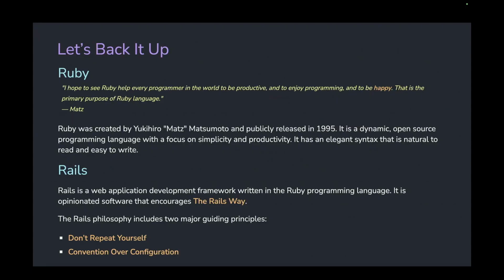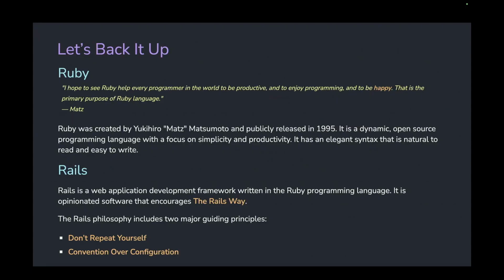So the Rails way assumes that there's a best way to do things and encourages that through a set of conventions. If you adopt these conventions, it helps you to write less code and also boosts productivity by a lot.